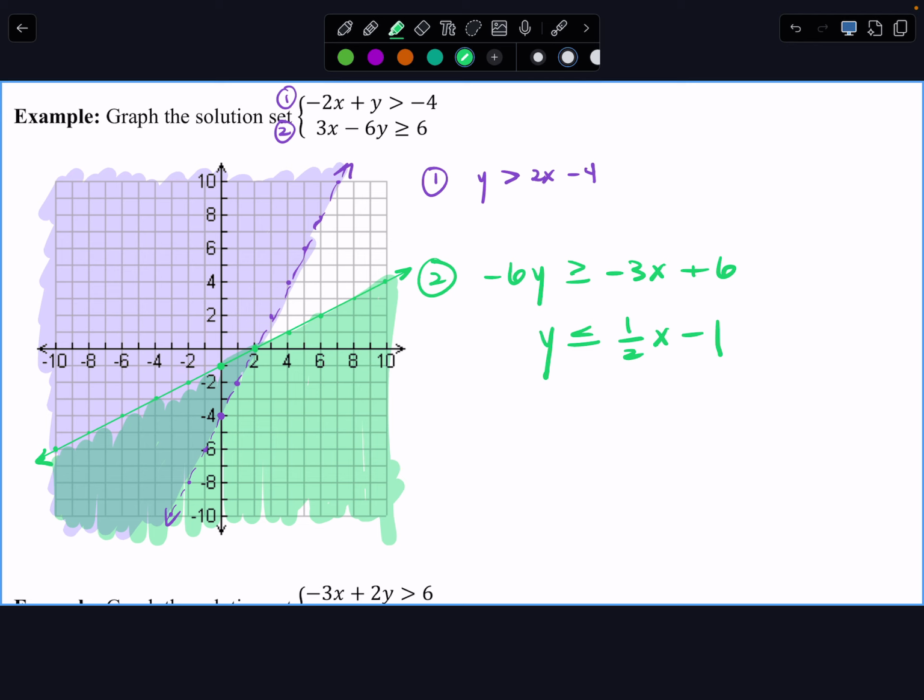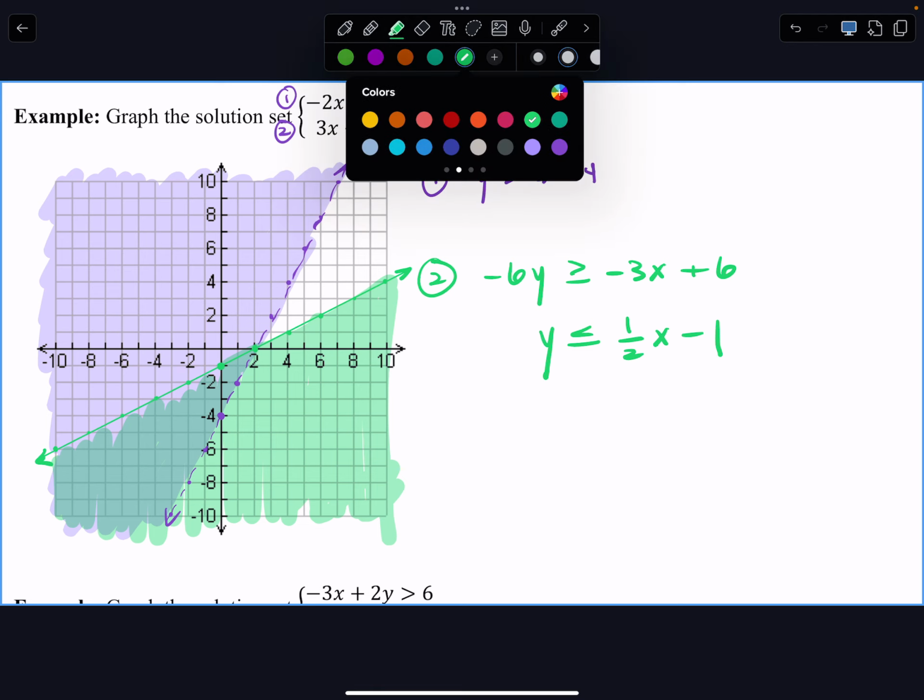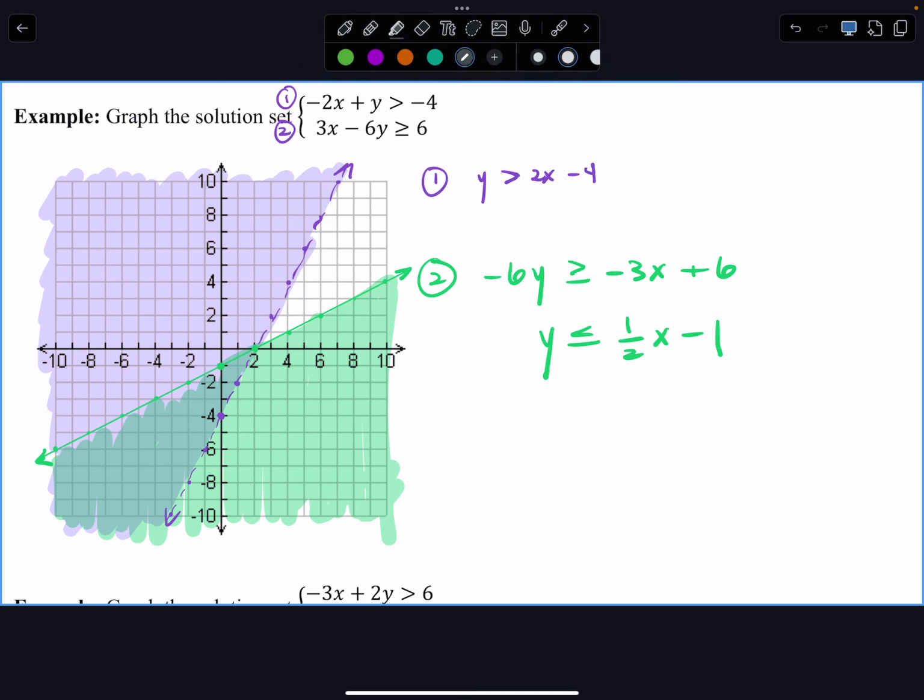So making sure it's really clear where the solution set is, the overlap is here, yeah. And there's infinitely many points, like those boundary lines will continue on if you imagine the plane continuing on. So it's kind of a wedge of the plane that ends up being the solution set with infinitely many points.